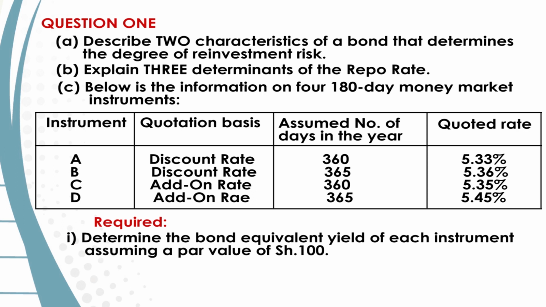So that's the meaning of the bond equivalent yield and the add-on rate.